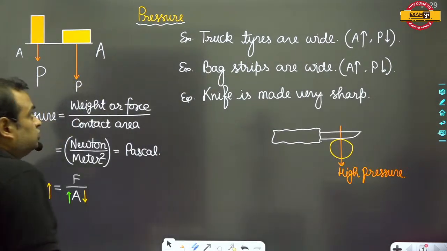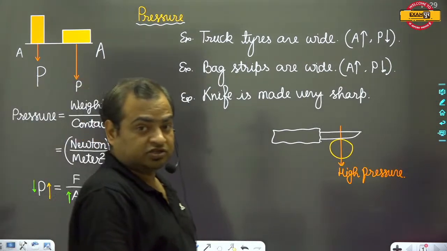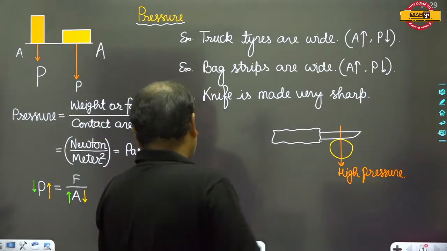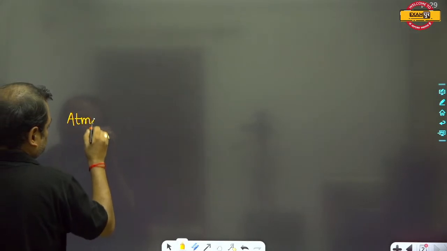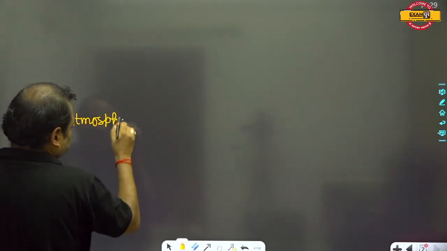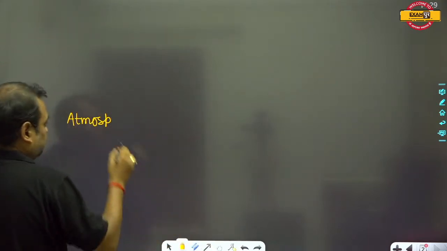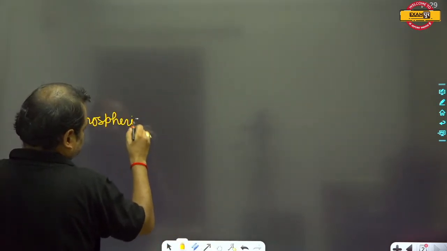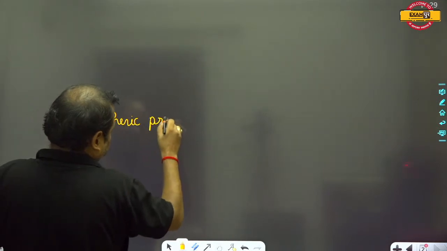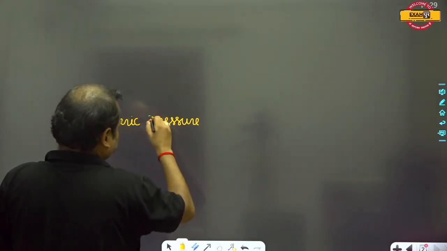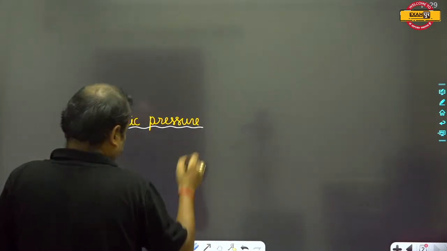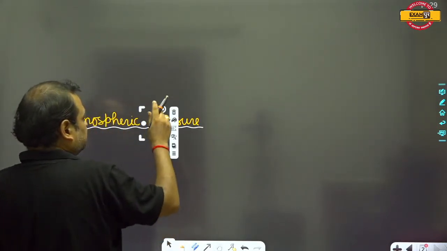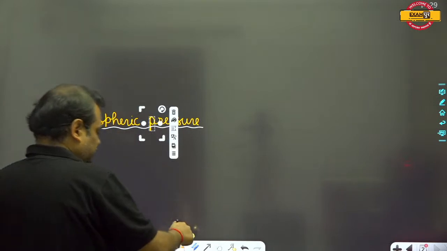So this is all about pressure, but this is not the full syllabus of pressure. Now we will study atmospheric pressure. What is atmospheric pressure? Guys, we are surrounded by atmospheric gases, and these gases have very small particles known as atoms and molecules.